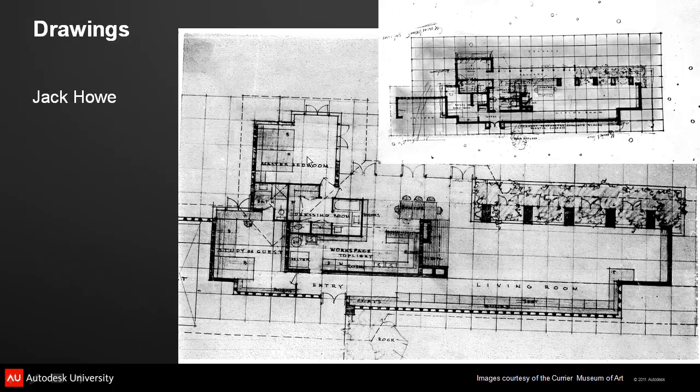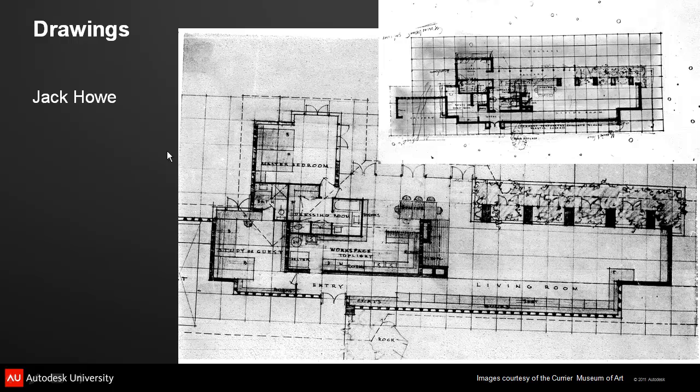Also, if you look at the elevation, you can see that the site was assumed to be flat, which was not the case. The elevation shown on the middle right, if I move my cursor, is the actual level that the ground would be at. This original sketch was modified, and the drawing updating the original proposal was from Jack Howe.